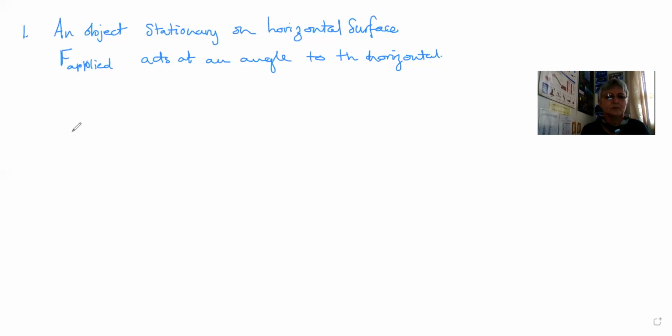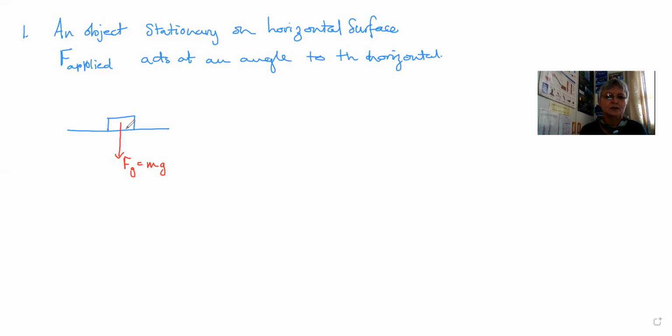Right, here we go. So I've got my object. The gravitational force acts on the object, Fg, which can be calculated by taking mass times gravitational acceleration.